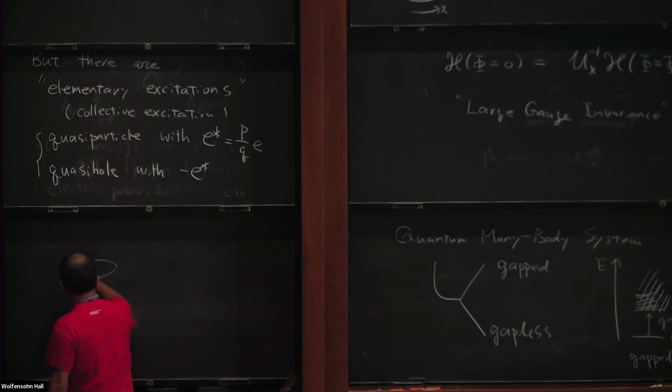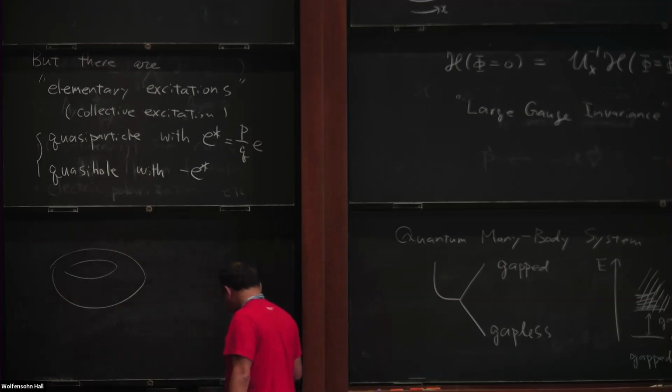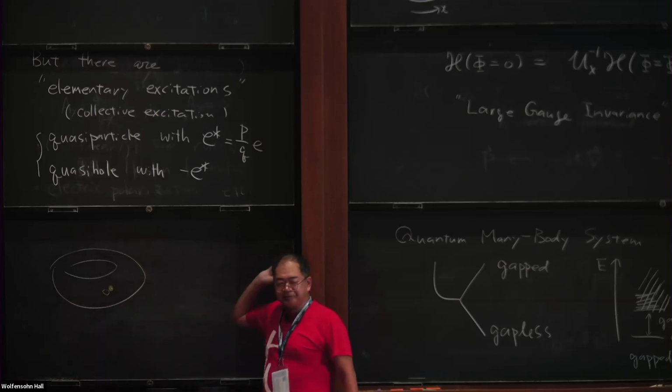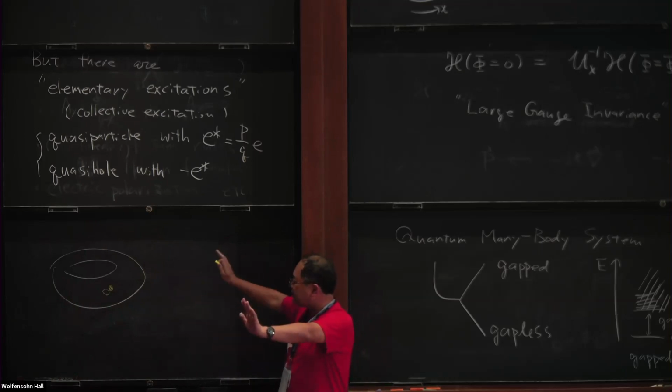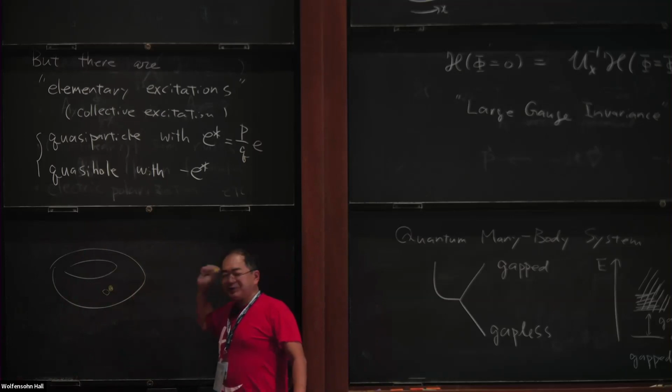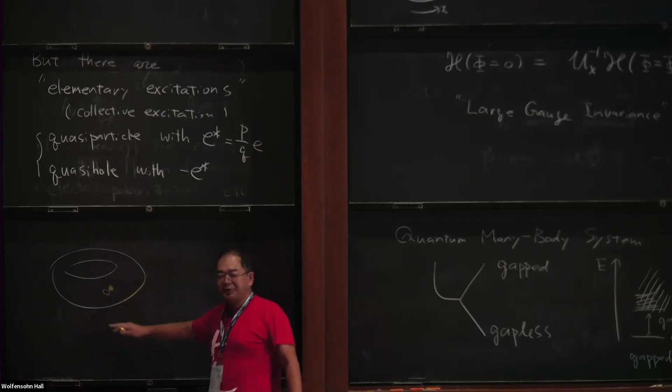that you have this, let's say, two-dimensional system, and you create the quasi-particle and the quasi-hole pair by hitting the system. So initially the system was in the ground state. Then you introduce some potential perturbation or something, then create a quasi-particle hole pair.